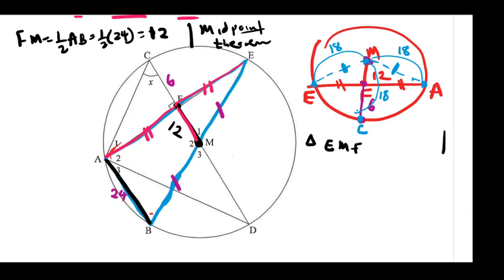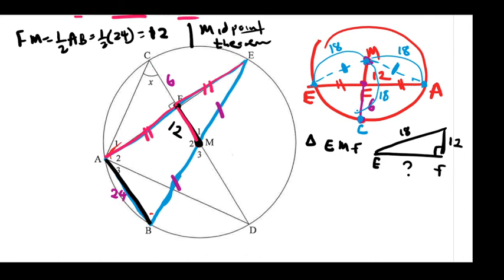It looks something like this. This is the right angle. This is the 18 that I was talking about. And this is EF. And this is 12. So now we just want to identify this one here, EF, right? Because the combination of EF and FA is equal to AE, right?